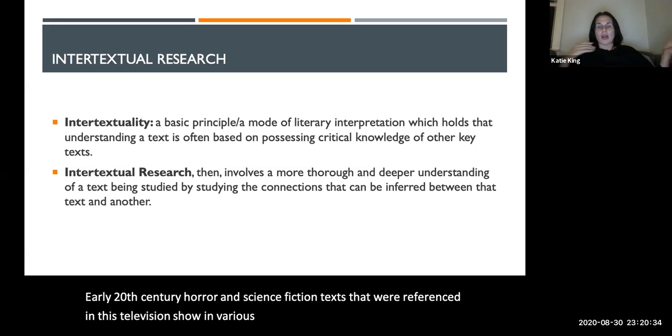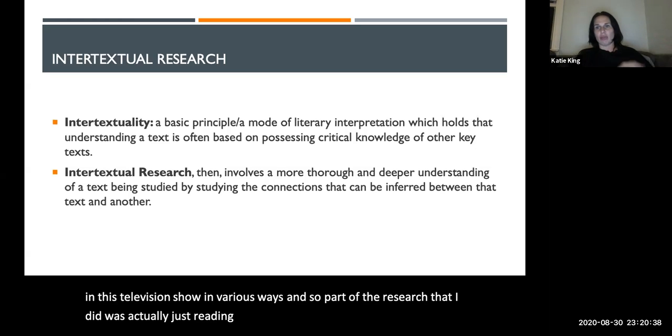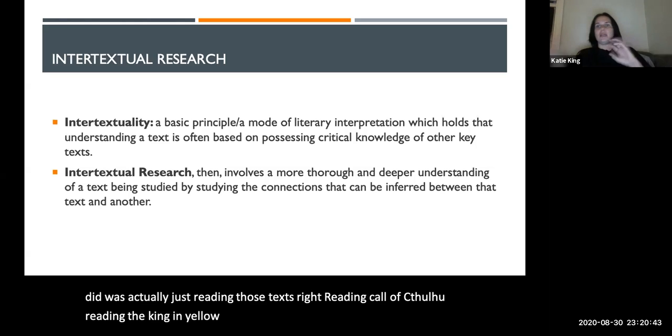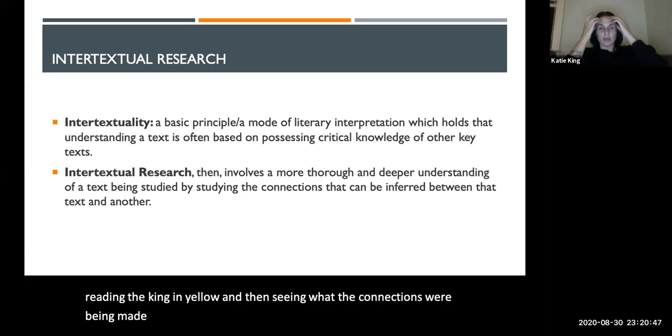And so part of the research that I did was actually just reading those texts, right? Reading Call of Cthulhu, reading The King in Yellow, and then seeing what the connections were being made and why. So that's intertextual research. Okay.